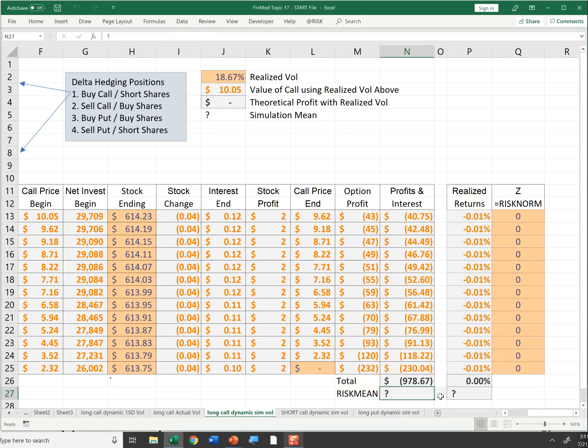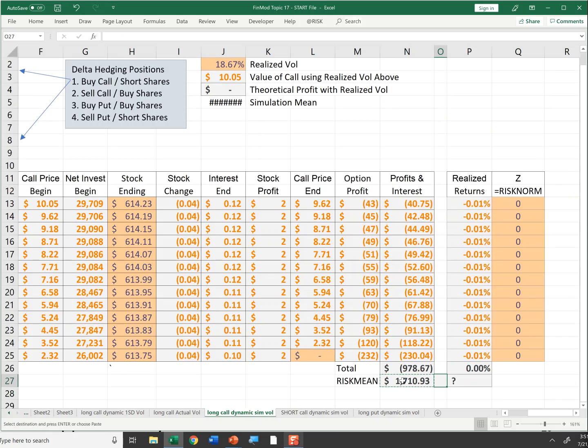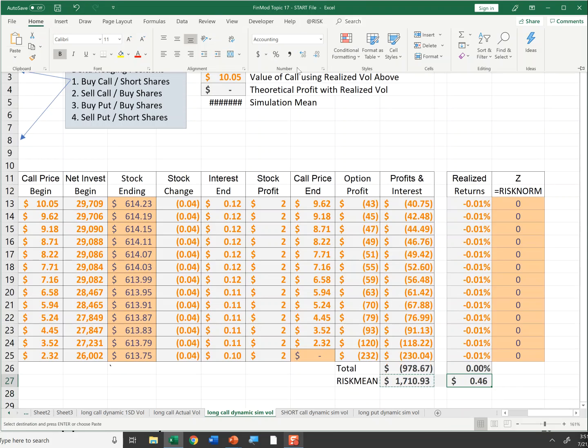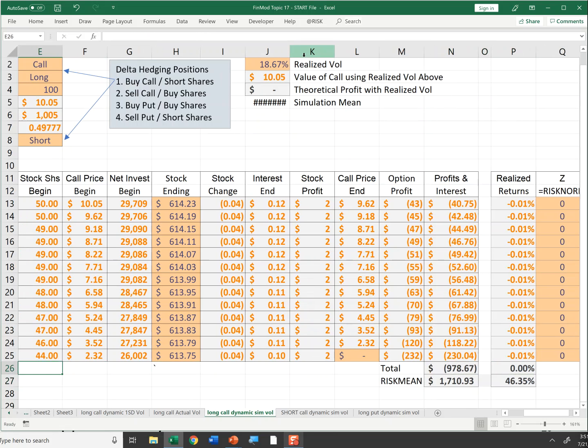And then when I want to collect from @RISK, because I want to collect the mean of those 10,000 possible P&Ls, I'm going to say equals RiskMean, open, click on that output and close, and do the same for this. I'll return that one back to a percent. Okay, so now I'm ready to run @RISK.